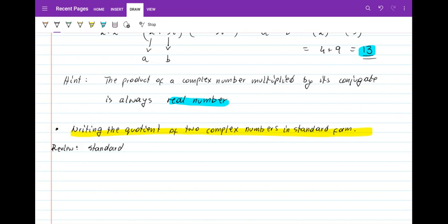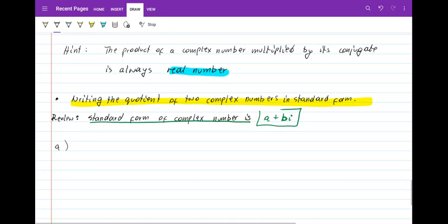Just review that the standard form of a complex number is a plus bi: real part plus imaginary part times the imaginary unit. So this is standard form. We're going to learn how to leave the quotient in standard form, and I'm going to explain that based on a couple of examples.